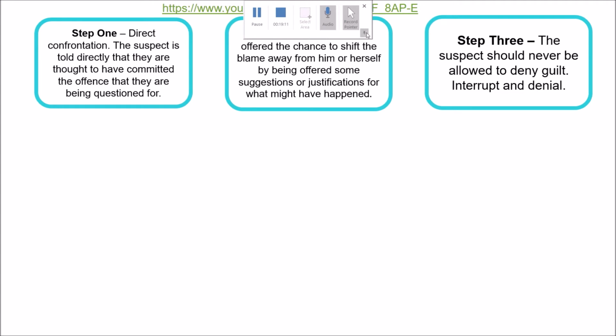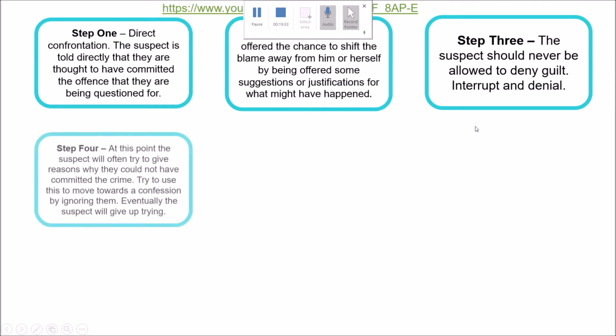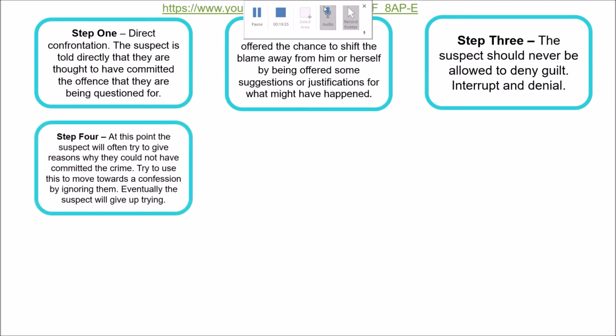Step 3. So in step 3, the interrogator basically will at this point start to interrupt all efforts that the suspect may make to deny their involvement. So we're basically disregarding the comments that they are making. And then from this, we will start to try and basically overcome the suspect's moral or factual or emotional objections that they make.